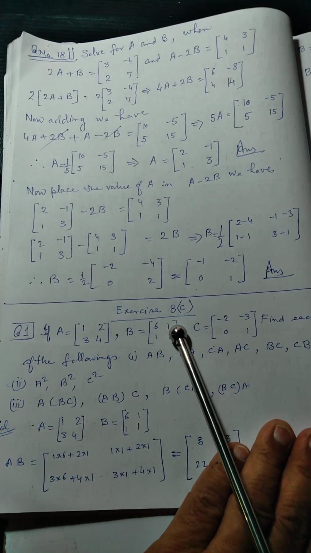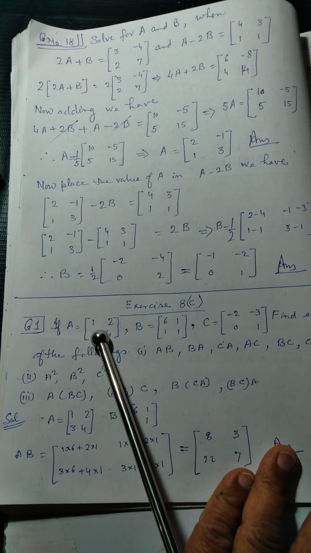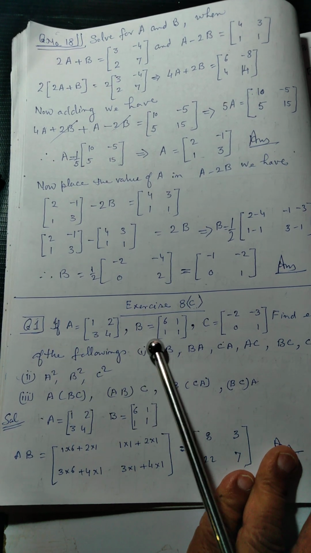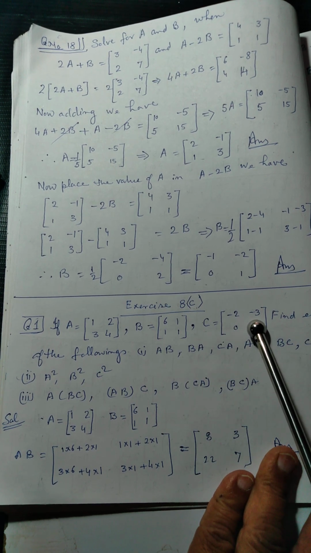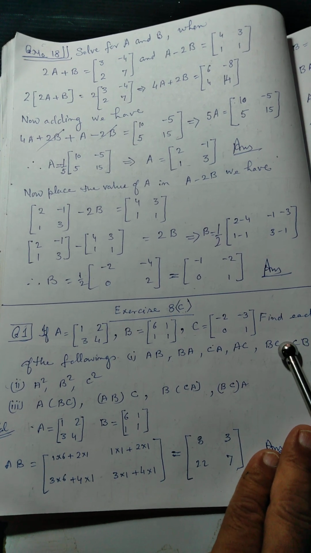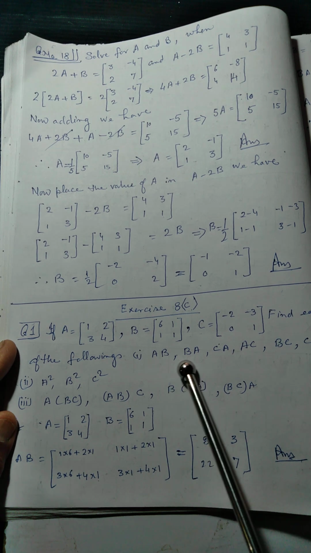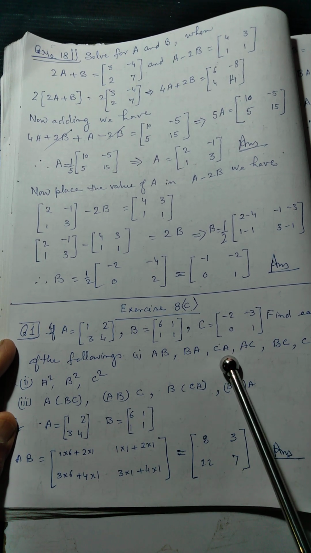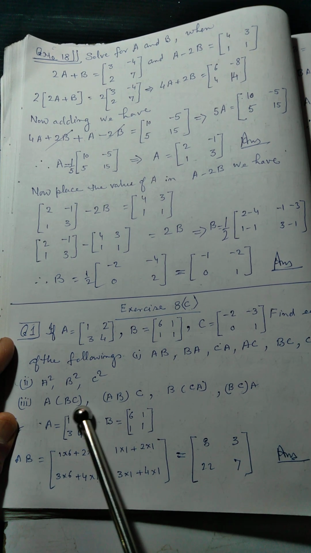This is exercise 8C. If A is equal to [1, 2; 3, 4], B is equal to [6, 1; 1, 1], C is equal to [-2, -3; 0, 1], find each of the following. That is, first: AB, BA, CA, AC, BC, CB, and so on.